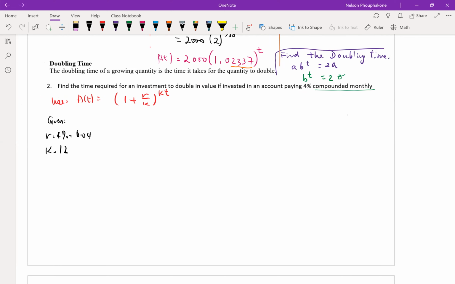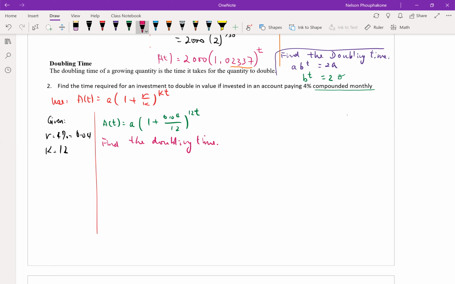Oh, my bad, we are using A. But again, I don't care about the principal, because we just need to know how long it will take to double. So let me set up the problem. I have A(t) equal to A times (1 plus 0.04 divided by 12) raised to the power of 12t. Now I would like to find the doubling time.